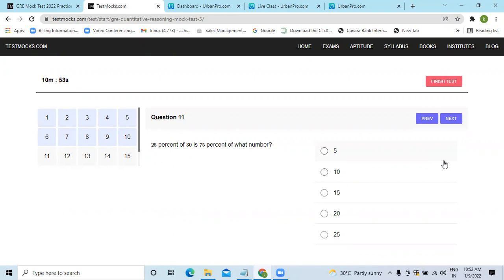It's 7.5. Yeah, very simple. Just trying to make sure I don't mess up. You're not sure? No, no, I'm sure how to do it. I'm just making sure my calculations are correct. 10, sir.